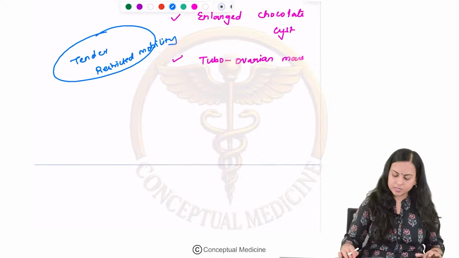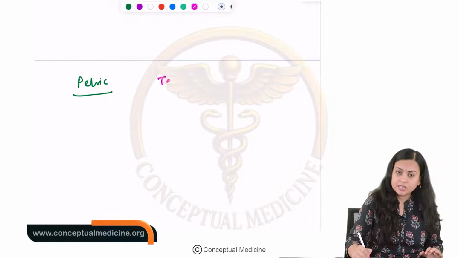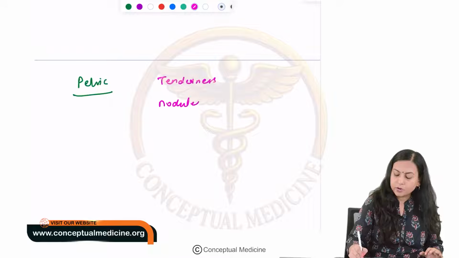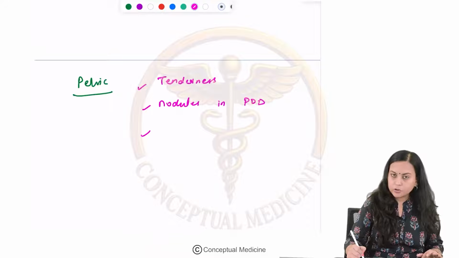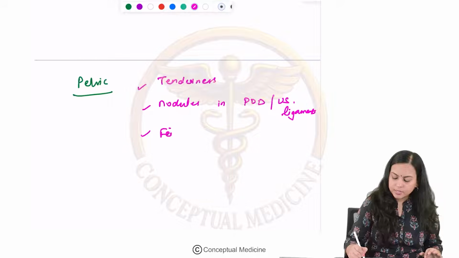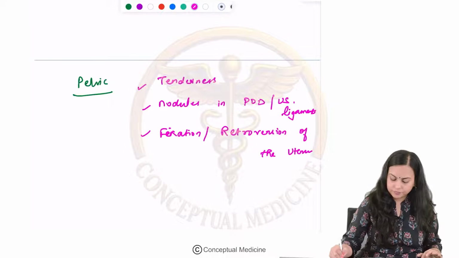Clear? Now, when you do a pelvic examination, you will see the woman will have tenderness, and nodules will be felt in the pouch of Douglas, and nodularity can also be felt in the uterosacral ligaments, and there will be fixation or retroversion of the uterus as well.